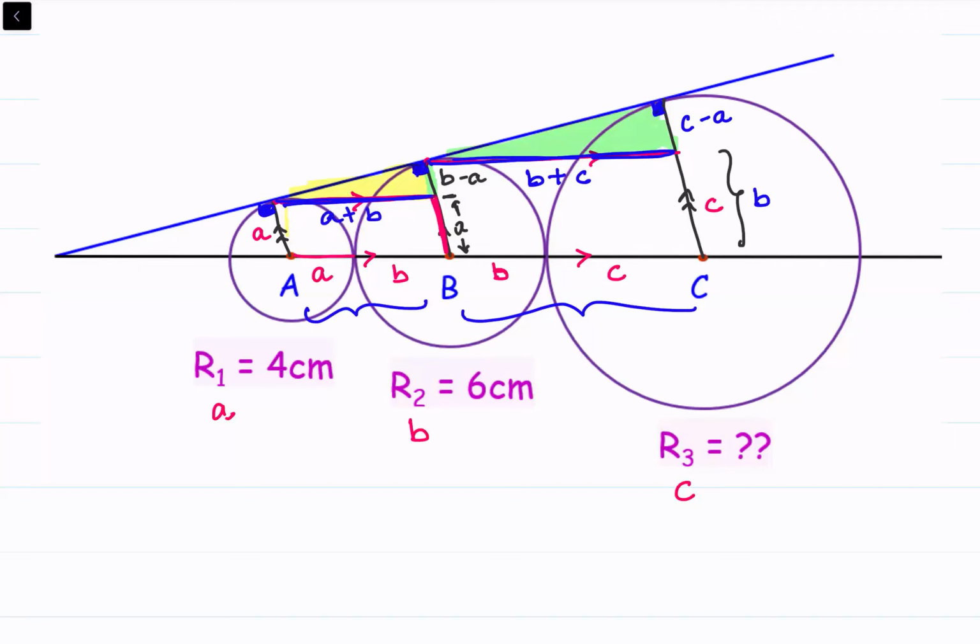And if this angle is, let's say, theta, then the radii are parallel and the tangent is acting as a transversal. So these angles will be corresponding angles and will be equal, theta and theta. Now this yellow and green triangle, from angle-angle similarity, we can say they are similar to each other.